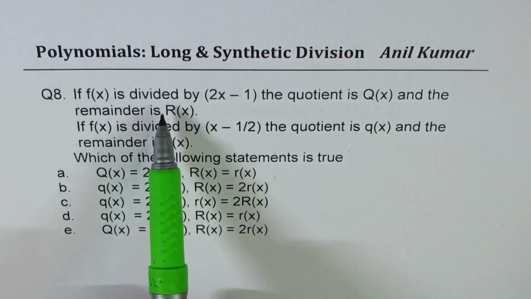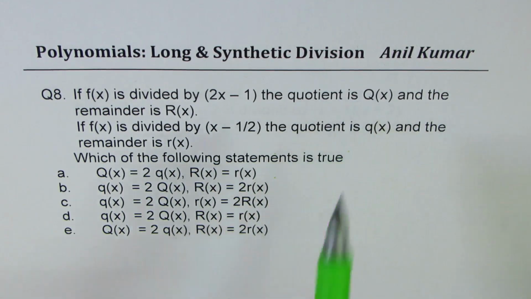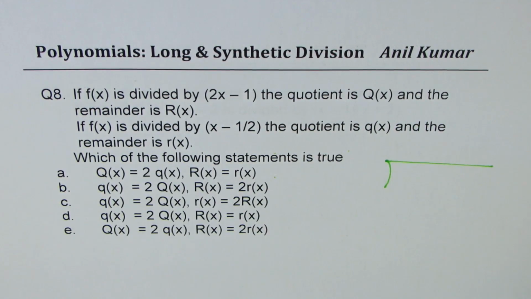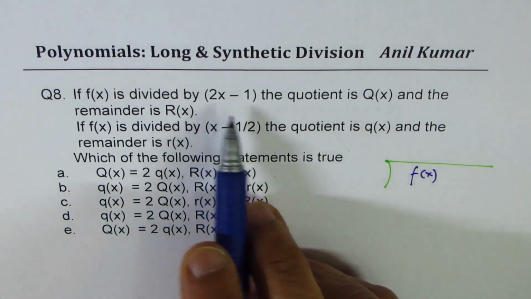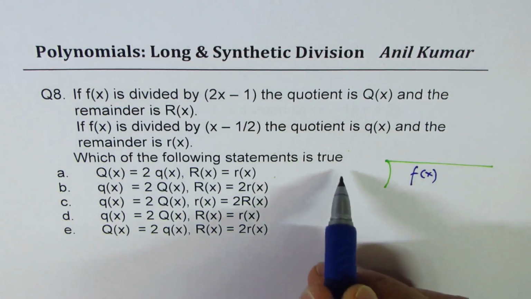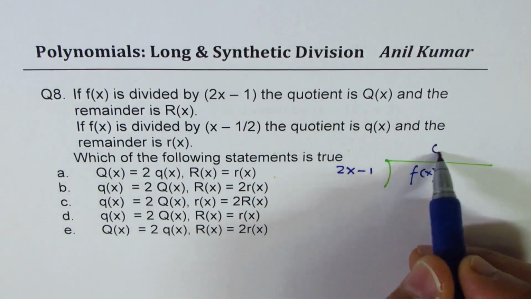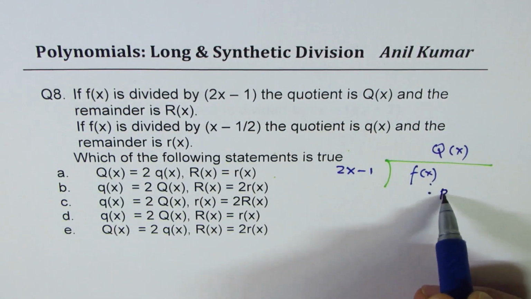If f(x) is divided by 2x minus 1, the quotient is q(x). So think like this. What we are doing here is we are dividing the function f(x) by 2x minus 1, and we get a quotient q(x) and the remainder is r(x).